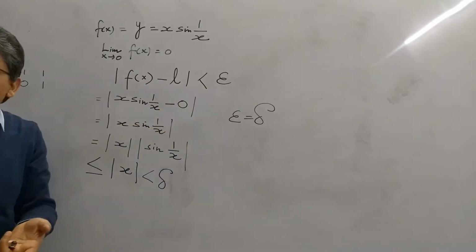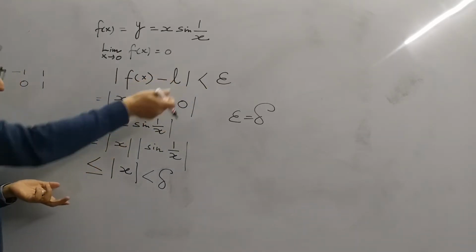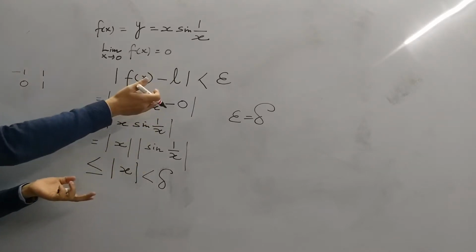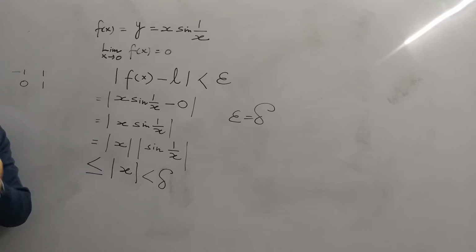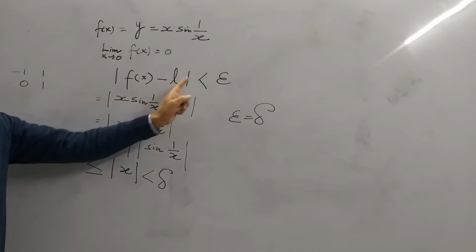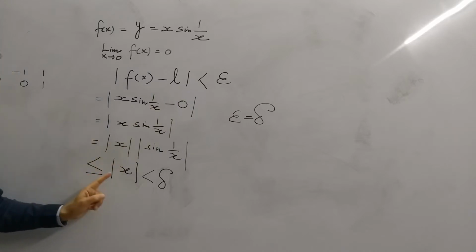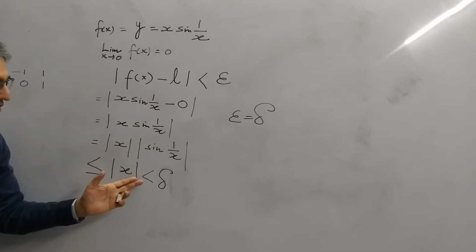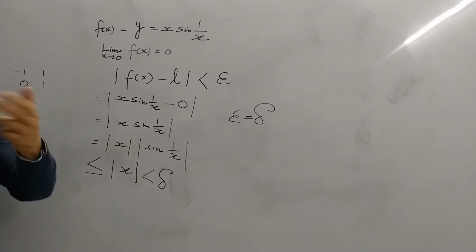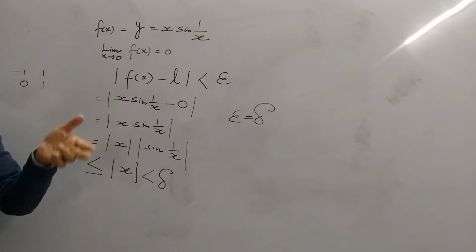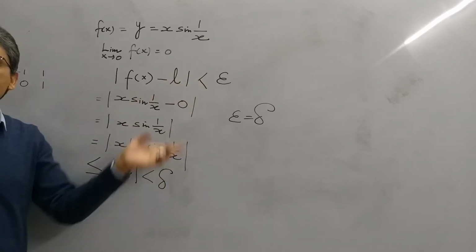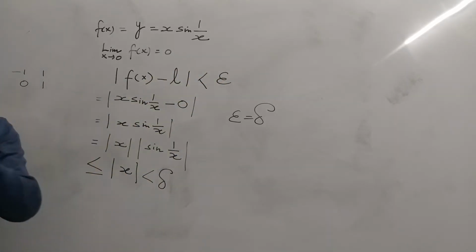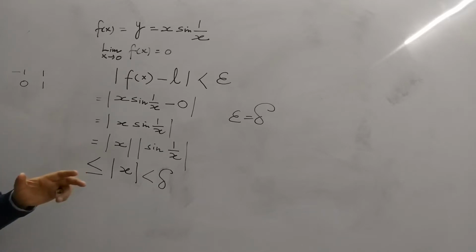I'll choose the same epsilon and argue that I have proved that x is the maximum value of this, and I'm taking the deviation of x from 0 because I'm checking the limit at 0. So the function is deviating from the limit by epsilon and x is also deviating from the same value. So let's make epsilon and delta equal. That guarantees the existence of the limit, because if this is half, this is also half. If this is 1 by 3, this is also 1 by 3. By choosing epsilon and delta equal, here we have proved that the limit also exists.